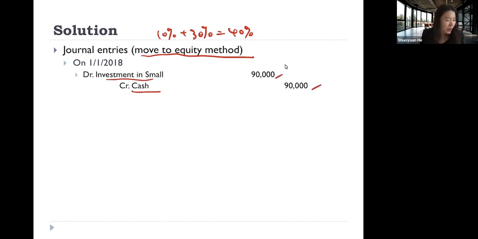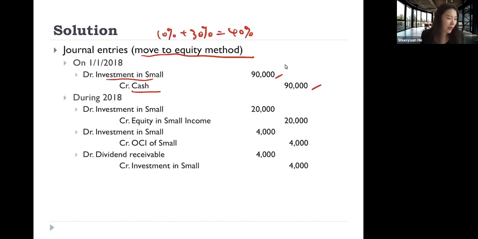And also, Small's patent was undervalued by 30,000. The patent has a remaining useful life of 5 years. Small reports 50,000 net income and 10,000 OCI. So let's first look at this net income.